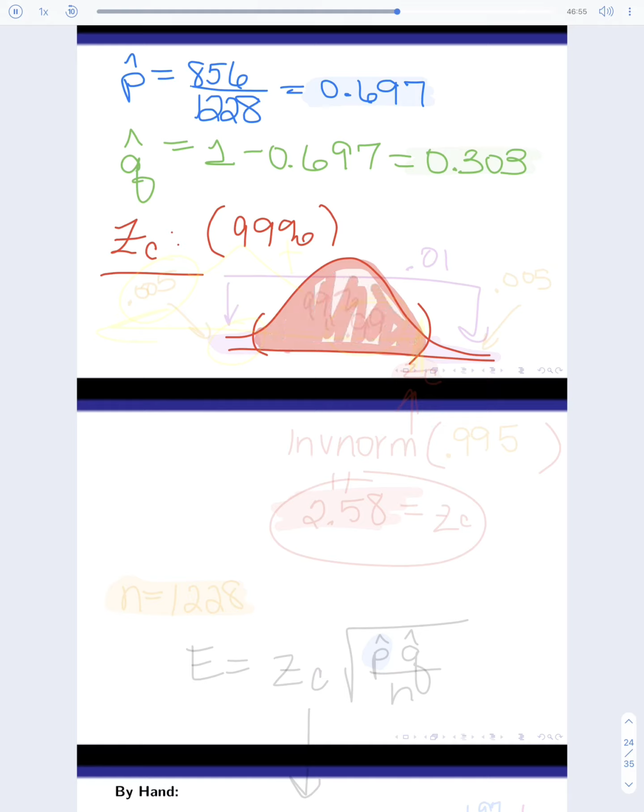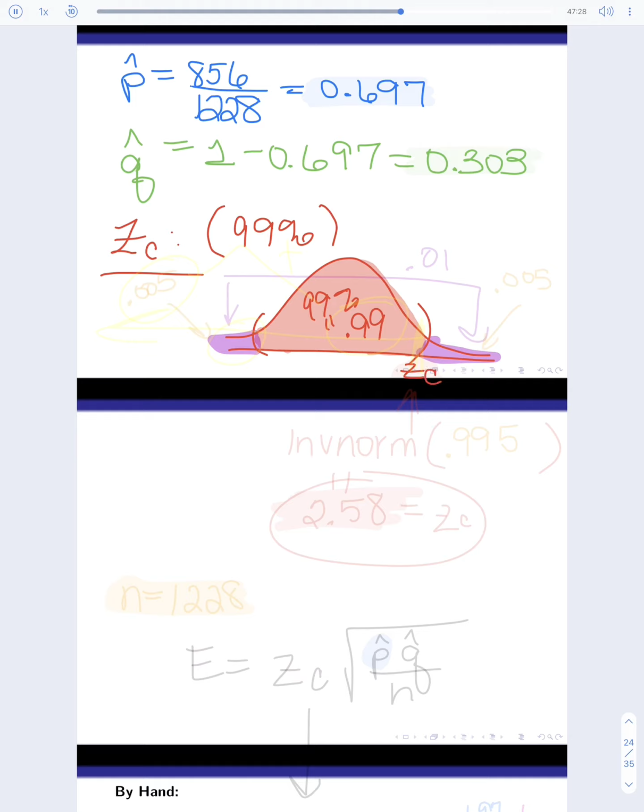So in this entire center portion, this area needs to be 99%, and we have to turn it into a decimal to actually use the area, which is 0.99. However, what does that mean about the ends of the same picture? Because we actually need the ends in order to find the z-value. We want the z-value that's up here.